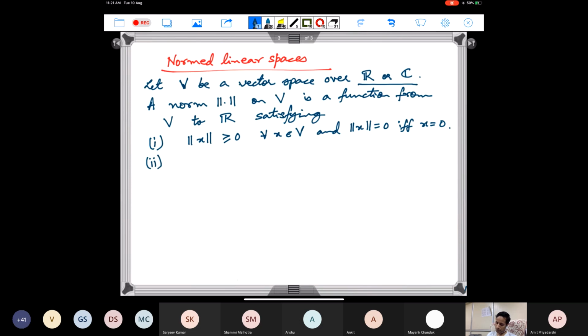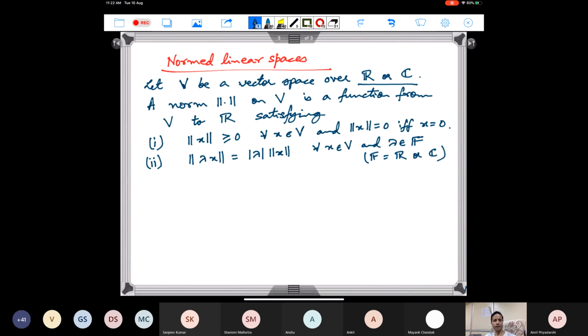The second property is that norm of lambda times x is equal to mod lambda times norm of x, for all x in V and lambda belonging to the scalar field F, which is either R or C, whatever field we are taking.